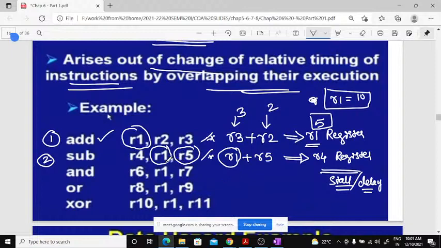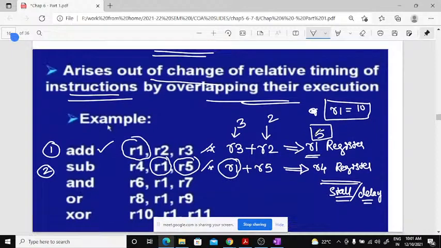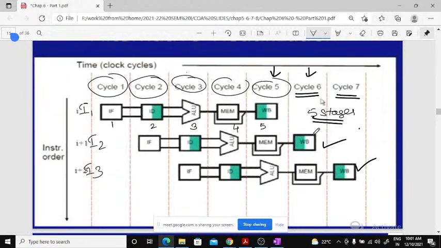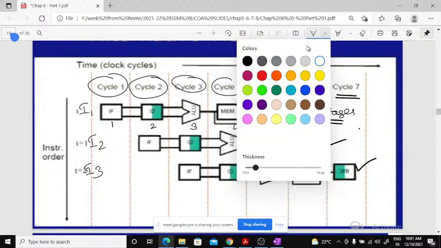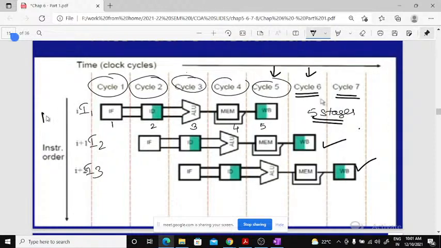Suppose there is no stall, then it takes the old value. Because in the data hazard, see here, the first instruction, that add instruction, will come here.